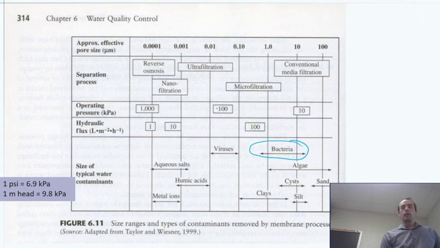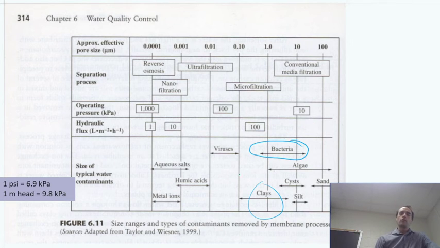But if we look at the operating pressure, here we have 10 kilopascals, and we get a hydraulic flux. This is liters per square meter per hour. We could go back and look at our typical loading rates for granular filtration, and that should line up decently well. If we were to do the unit conversions, this would be maybe thousands of liters per square meter per hour. We looked at liters per square meter per second, so we could do that conversion, but it should line up. So we already talked about what stuff we can remove.